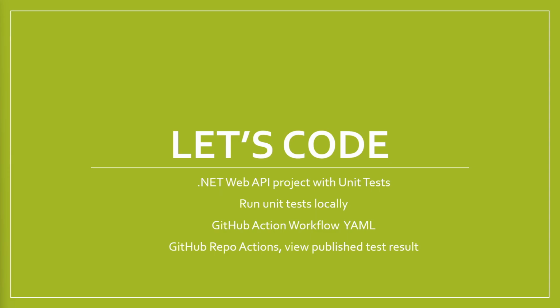And then we'll be able to look at the actions and see our workflow being executed, and also view the published test results. So the expectation is whatever tests we're running locally, they're going to be running as part of the GitHub Action workflow, and we will be able to view the test results. So we'll jump into the next part where we create the .NET Web API project.